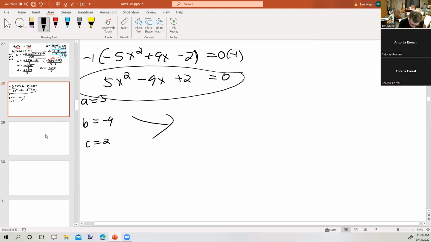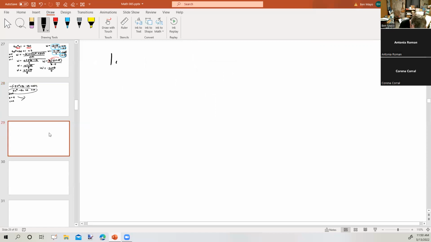Here's another thing I can do. Let's say I've got 1.6t squared plus 2.4t minus 0.9 equals 0. Well, you could use A as 1.6, B as 2.4, and C as negative 0.9, but it might be easier and a little cleaner if we got rid of the decimals.